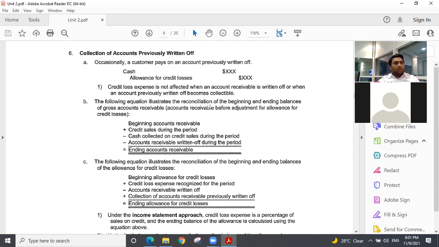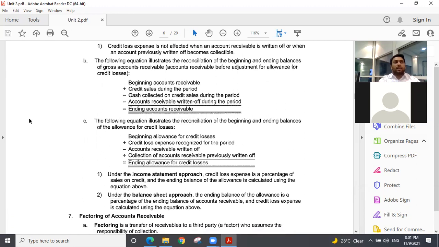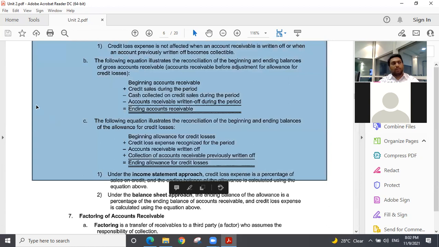Like the following illustration, a reconciliation of the beginning and ending balance of the gross accounts receivable. So how can accounts receivable change? Because of the credit sales during the period, it will increase, minus cash collected from the credit sales during the period, minus AR written off during the period. So you will get the ending accounts receivable.